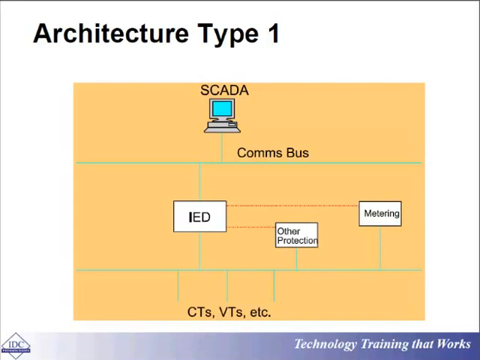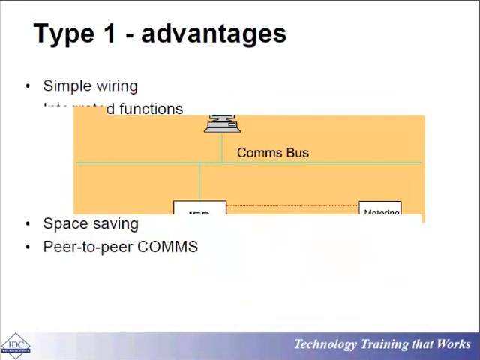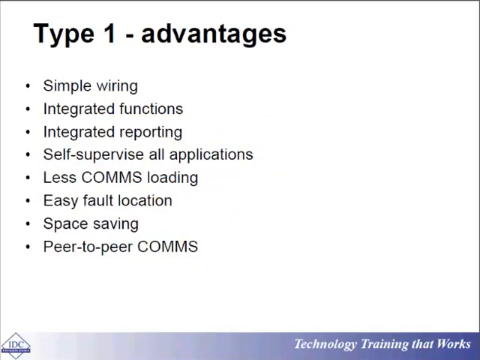And the whole information will be conveyed by means of a SCADA system. So this architecture is IED based. Is that good? Well, yeah, in terms of simple wiring, in terms of integrated functions, in terms of easy fault location, in terms of peer-to-peer comms and things like that, yeah. And you don't need to load a lot of information on your microprocessors.